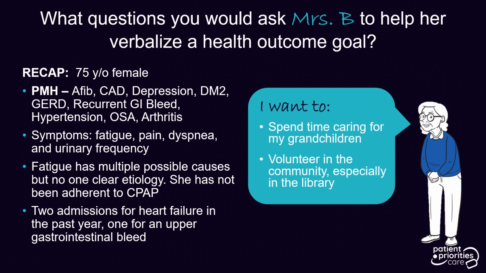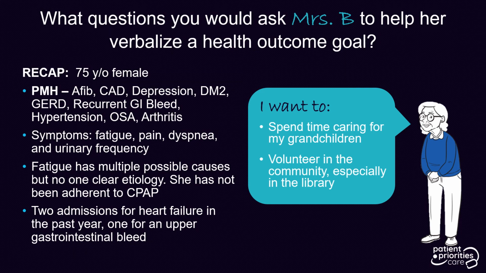Here is Mrs. B again. What questions might you ask to help her verbalize a health outcome goal? Let's start with her values. We know she wants to be connected to her grandchildren and wants to walk and hold library books. What would she be doing specifically with her grandchildren?